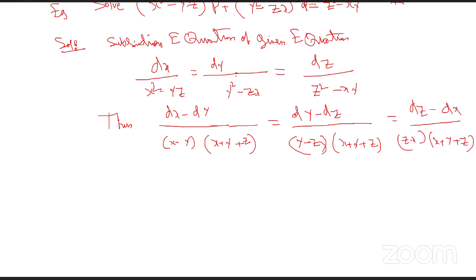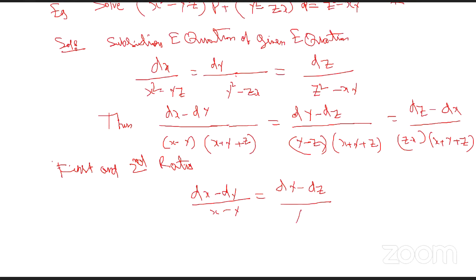Taking the first and second ratios, dx minus dy whole divided by x minus y equals dy minus dz by y minus z, because here x plus y plus z denominators get cancelled.